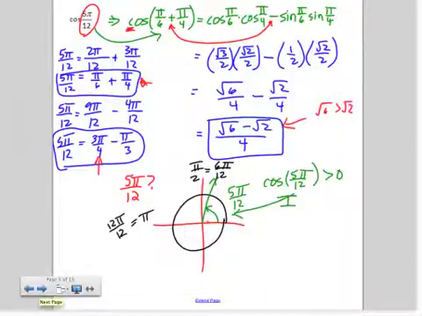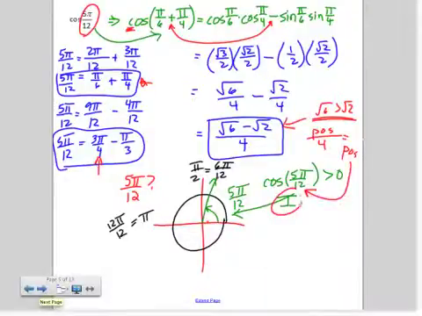I don't know what the square root of 6 is, but square root of 2 is about 1.4, and square root of 6 has to be bigger than 1.4 because the square root of 4 is 2, and that's bigger than 1.4. Square root of 6 is bigger than square root of 2, so that number is positive. So we have a positive over 4, which is a positive value, which means we are okay.